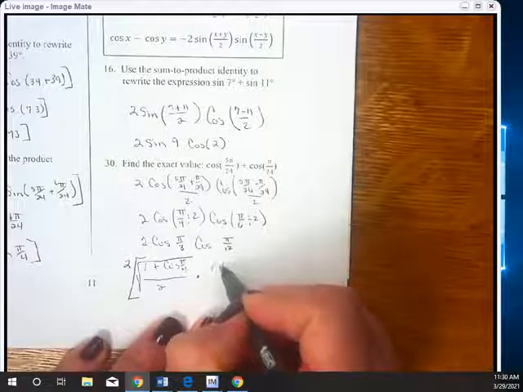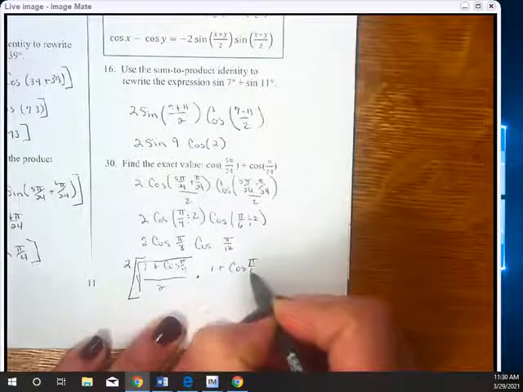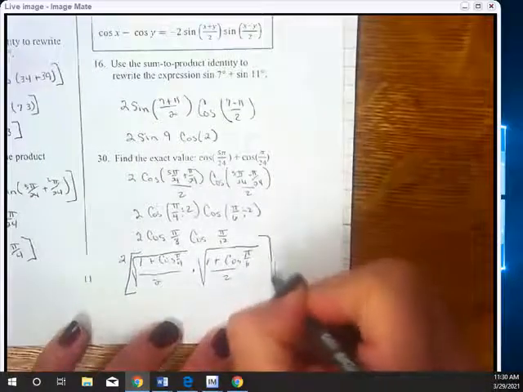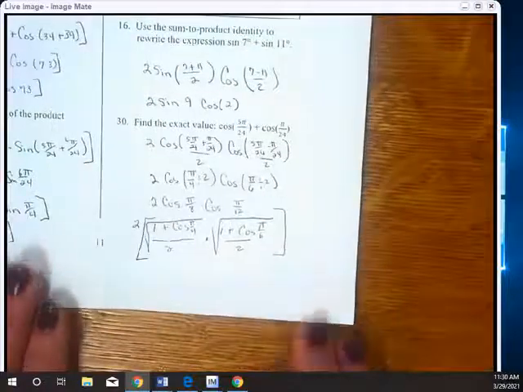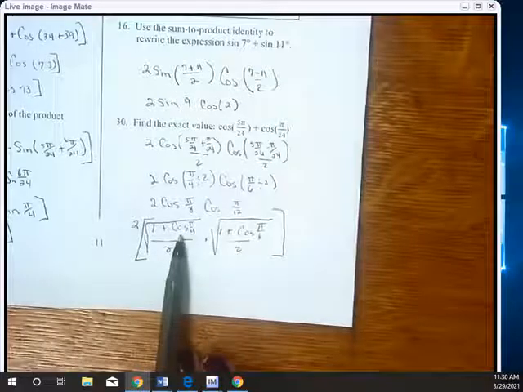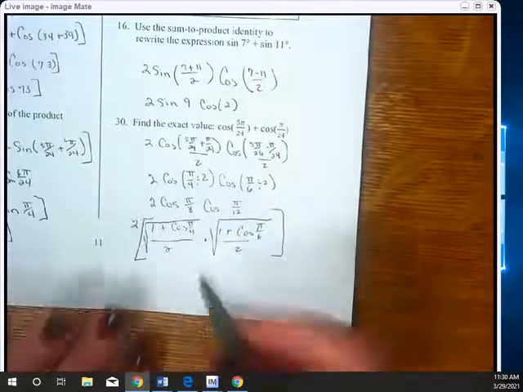So 1 plus the cosine of pi over 6, and that is also underneath the square root, all being multiplied by the 2. Are you okay with the way I wrote that? The cosine of pi over 4 is radical 2 over 2.